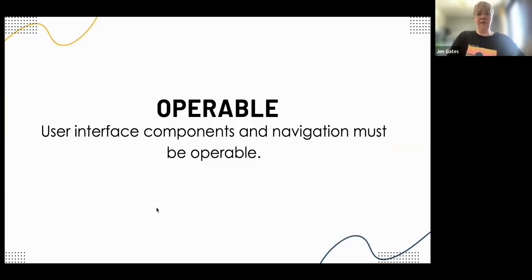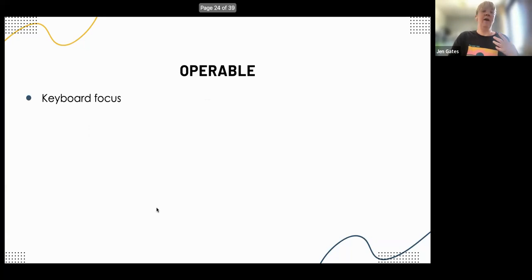Moving on then, our next principle is around operation. So user interface components and navigation must be operable. Keyboard focus. This is again something to think about for people who are using screen readers or who do not use a mouse to interact with the information on their screen. If you tab through a screen, if you do it in a screen reader, it should run in a logical order.